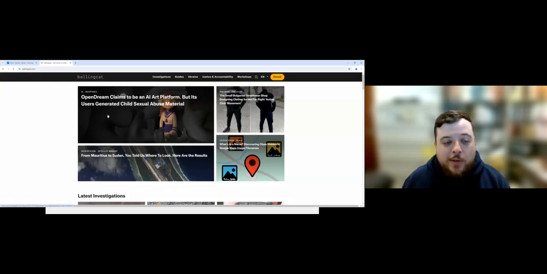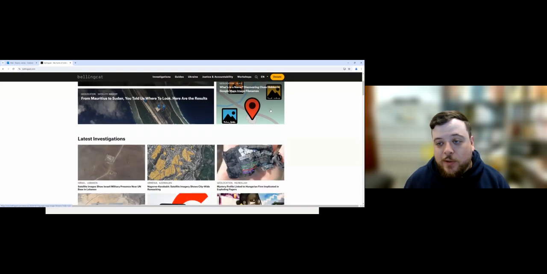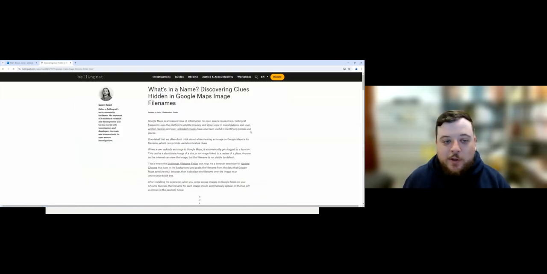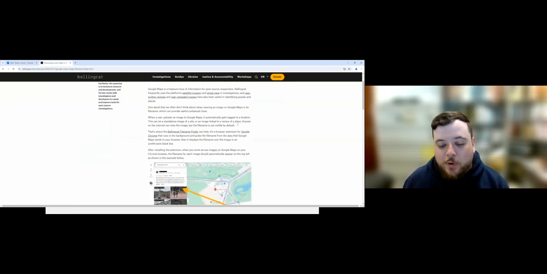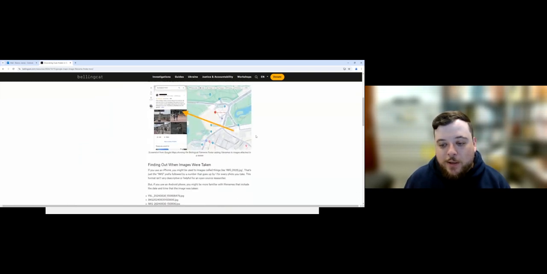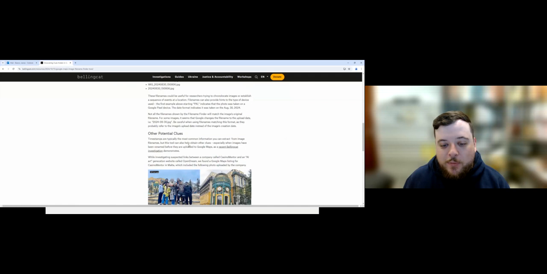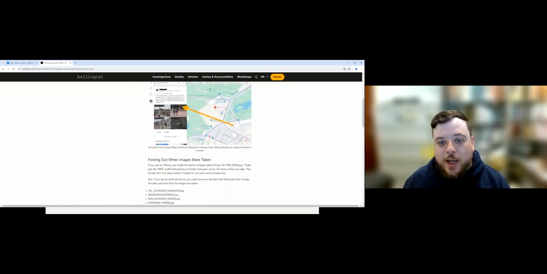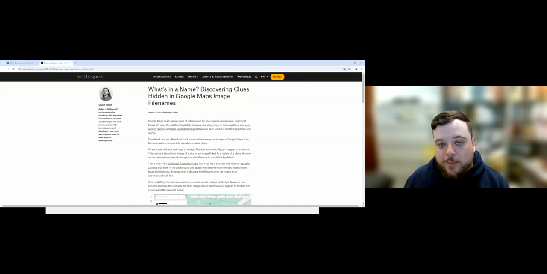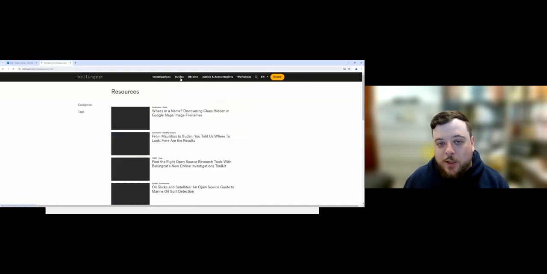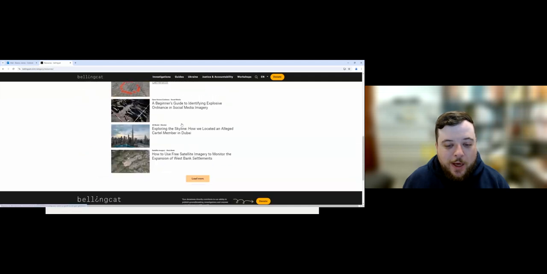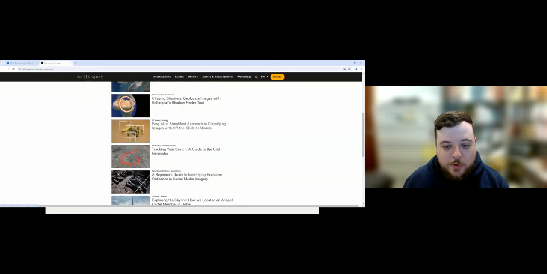If you look here, you can see all their stories. Again, here's even a good example of what we were talking about before, talking about metadata with file names, all that good stuff. Really, really good information to have. They even do their own workshops as well. But if you go to guides, there's a whole lot of guides that you could use.